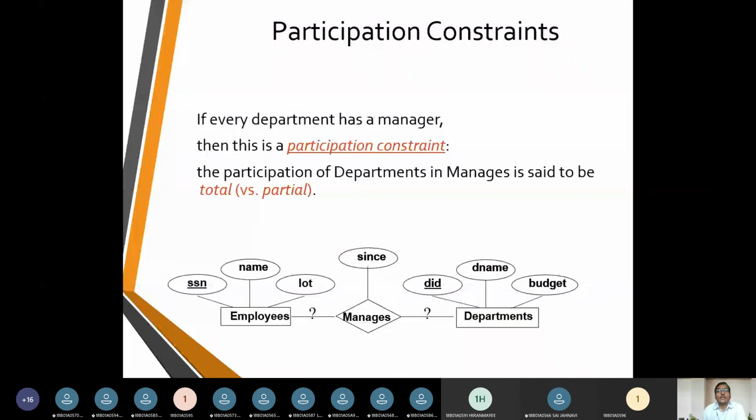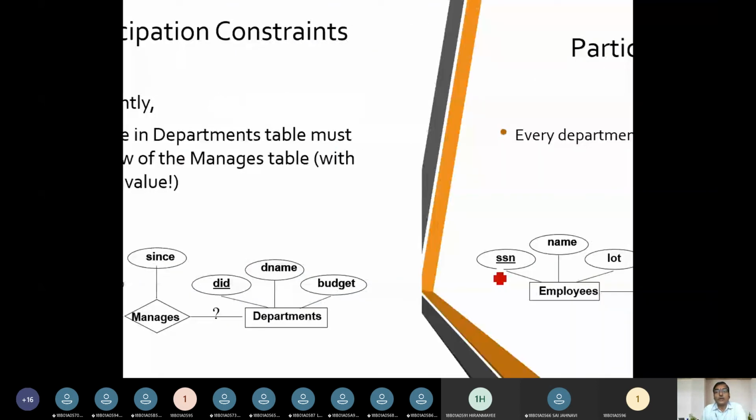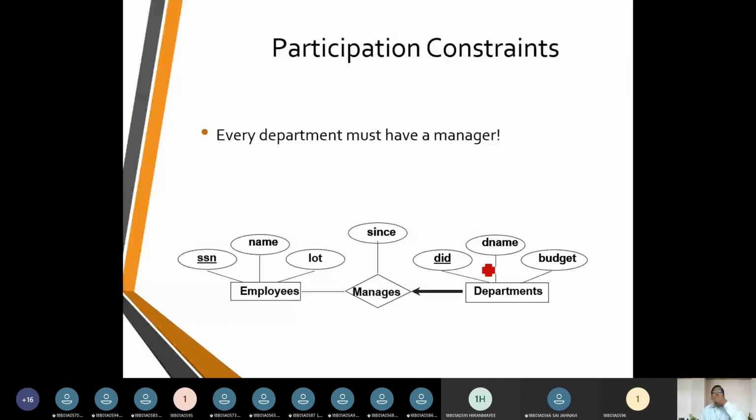A participation constraint can be total or partial. So participation constraints are going to be either total or partial. How do we make that relationship? A thick arrow mark is represented between the managers and the department.